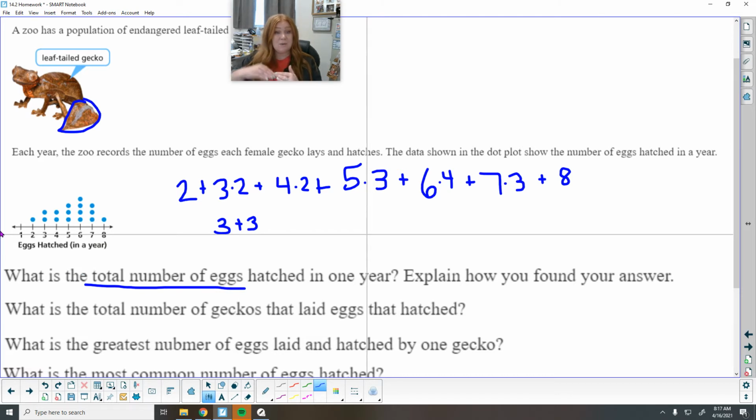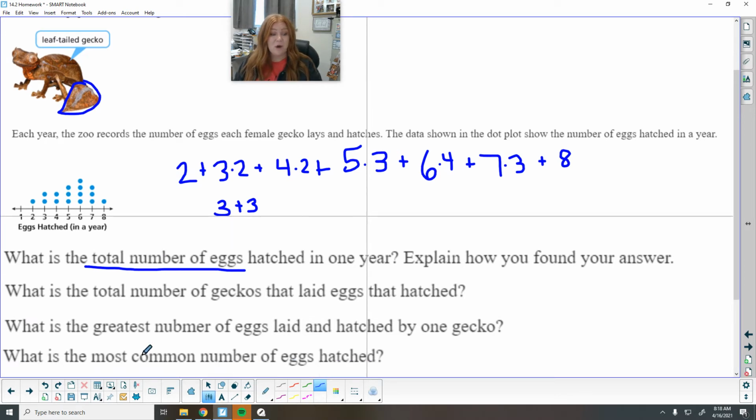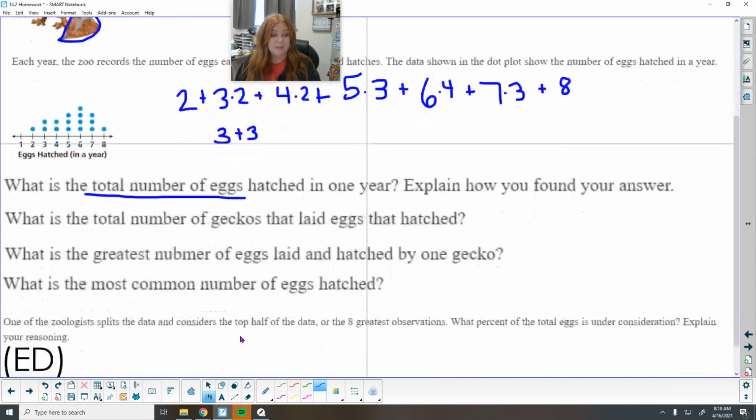It doesn't want to know the most common, it wants to know the biggest number of eggs. So the eggs hatched here is our greatest number. One of the geckos had 8 eggs. Now, what is the most common? So now we're looking for which one went up the highest, and that was the number that we saw most often. It was the most common.